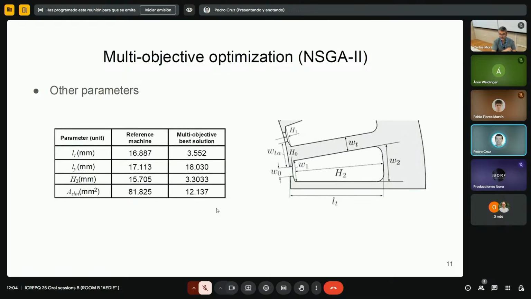We have also obtained the size of the area and the length of the H2 parameter, which, like in the single objective problem, are smaller than in the reference machine.